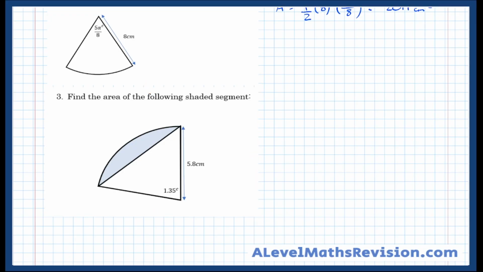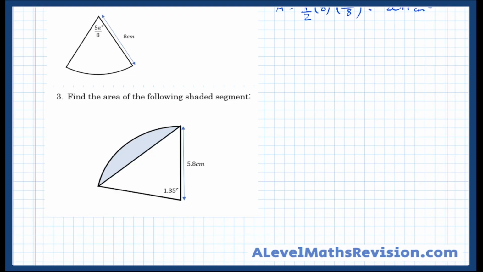A sector is the full slice of the circle. A segment is a part that we cut off at the edge here. That there is the segment. When we draw what's called a chord, a line between 2 points on the circumference, we're drawing a chord which makes a segment. Overall, this full thing is a sector.